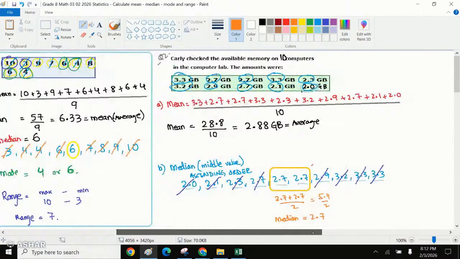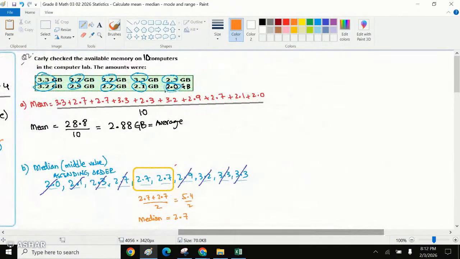Okay, moving ahead, let's look at the mode. Part C is the mode. The meaning of mode would be most repeated. So which number is most repeated?